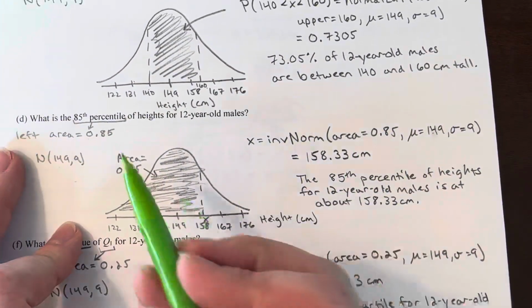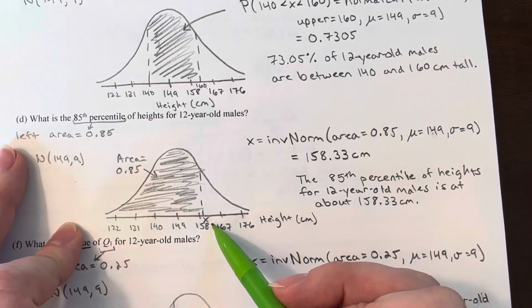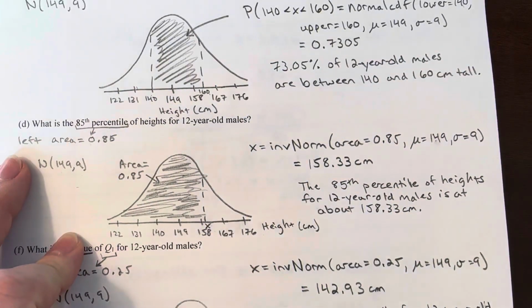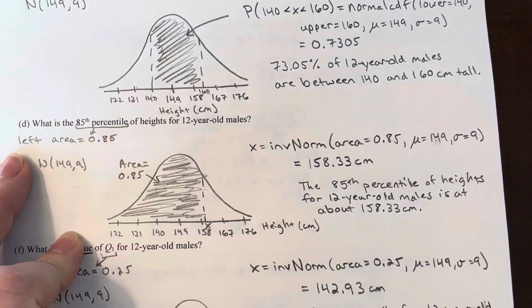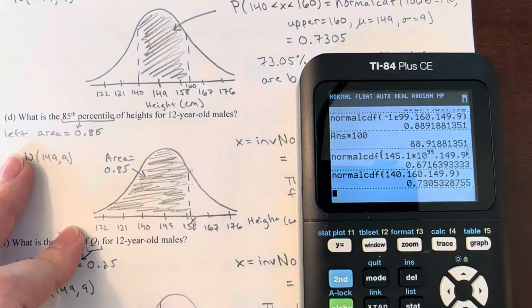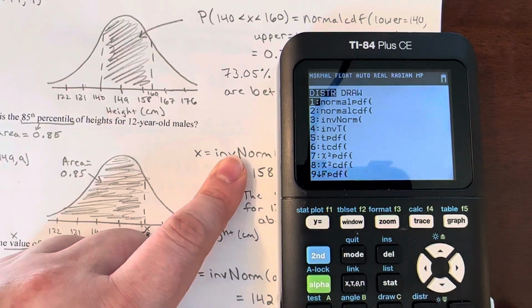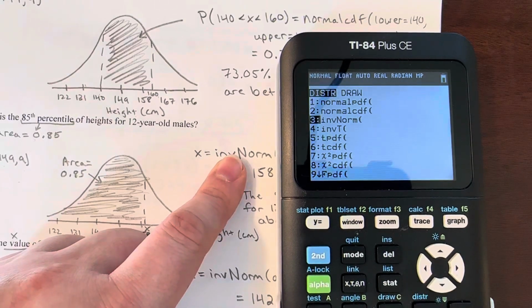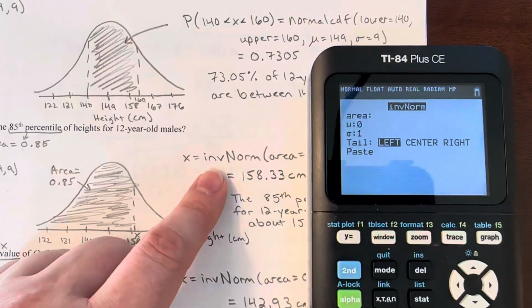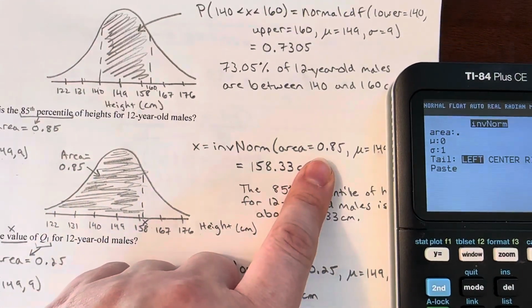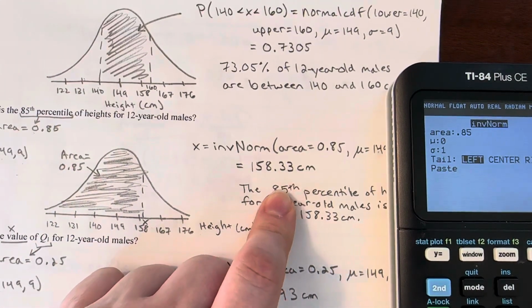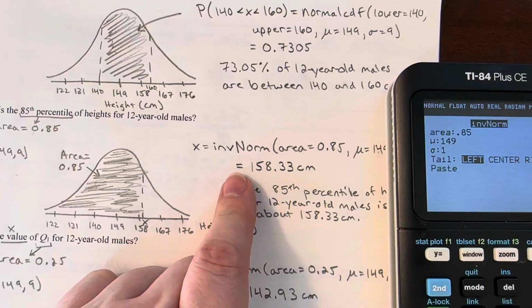Right, now this time, I'm given the area and I need to go backwards to the boundary. This is the reverse of what I've been doing for the last 3 problems. I already have the percent. That's why I need to invert what I've been doing and use inverse norm. So instead of normal CDF, now I'm going in reverse. So inverse norm, my area of 0.85, mean of 149, standard deviation of 9.